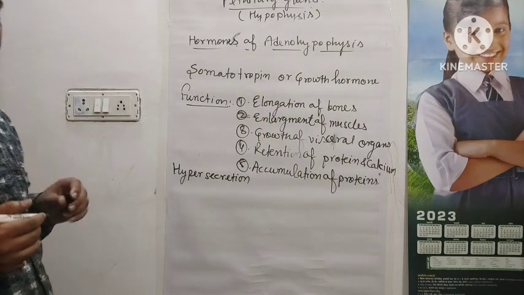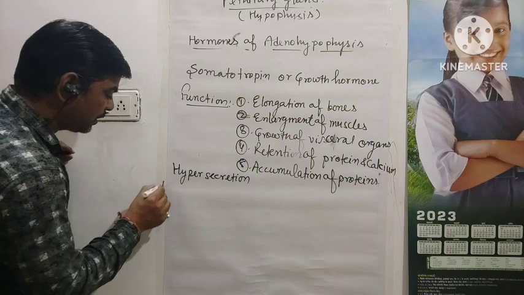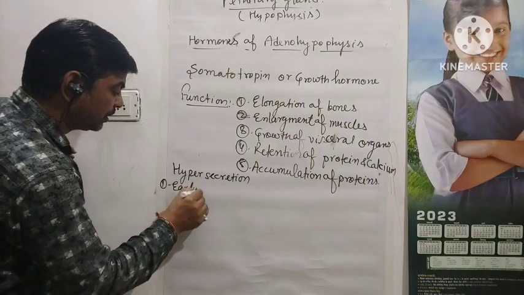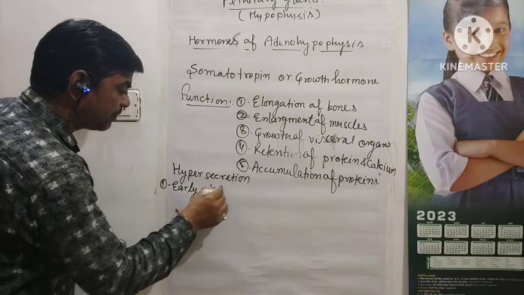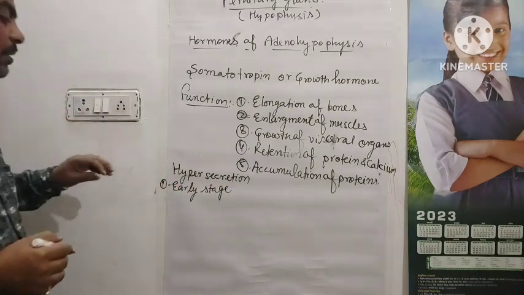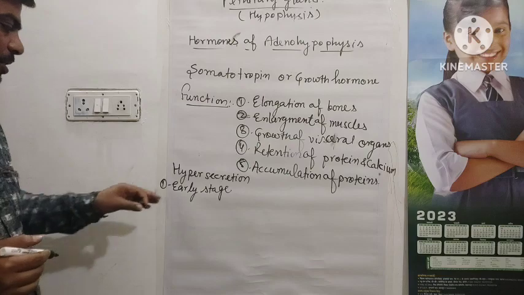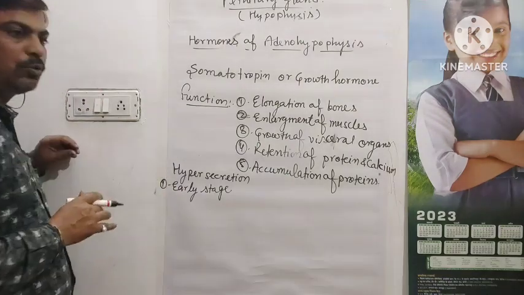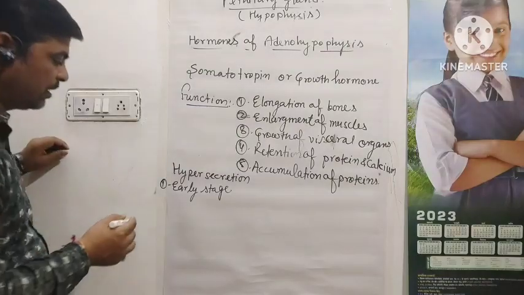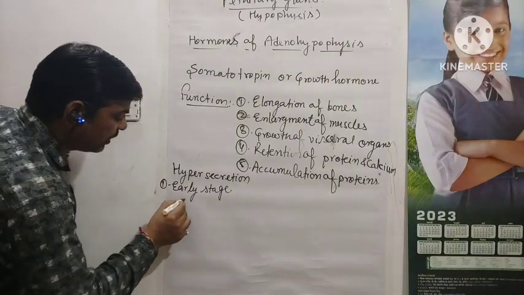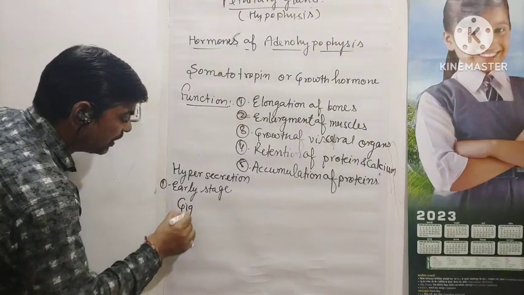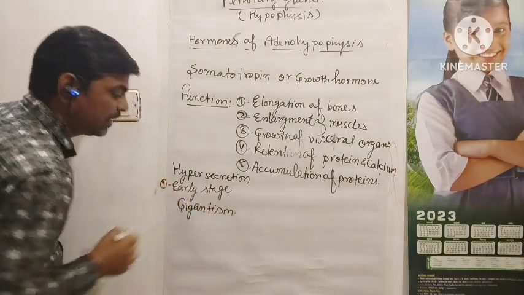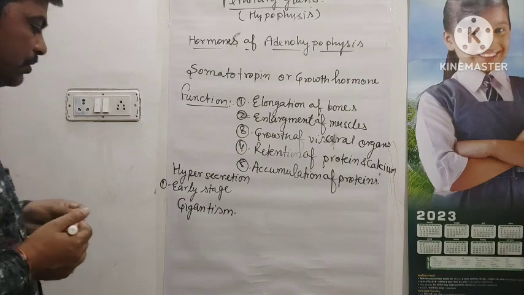If the secretion is hyper during the early stage of development, in childhood, then overgrowth of the body takes place, which is called gigantism, or pituitary gigantism.